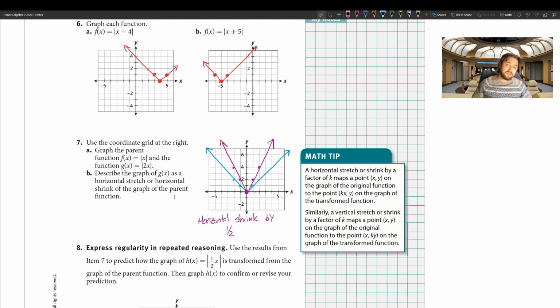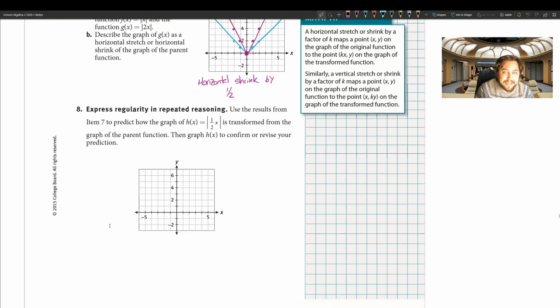You could also call this a horizontal compression, or technically you could call it a vertical stretch. It's really up to you. I prefer to always refer to A values as the vertical stretch or the vertical compression, and this value inside as the horizontal shrink or horizontal stretch. That's really a matter of semantics.